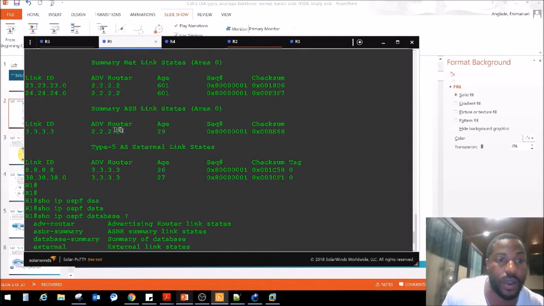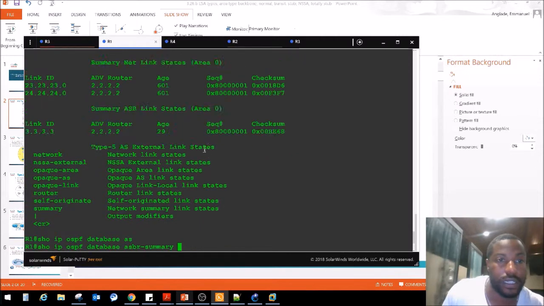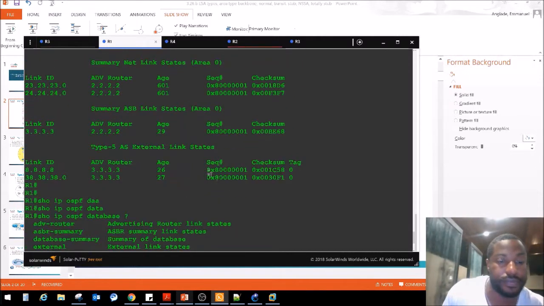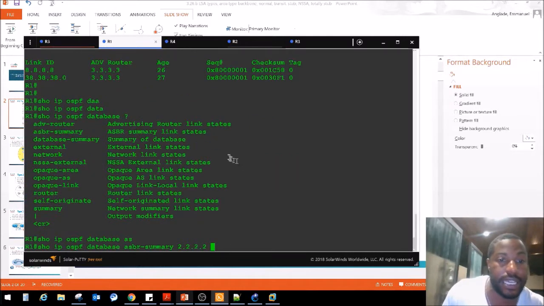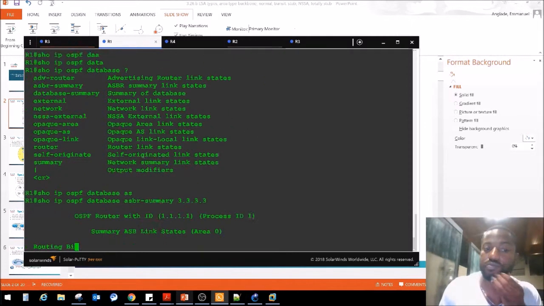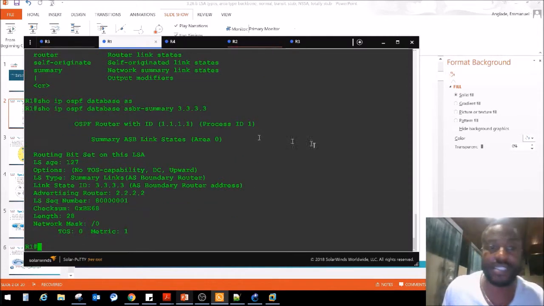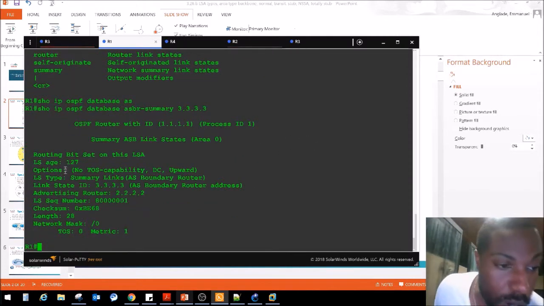So the advertising router was quad 2. It says here the link state ID is 3.3, so that's the link ID we need to put. And there it is. I believe this is our type 4 LSA.